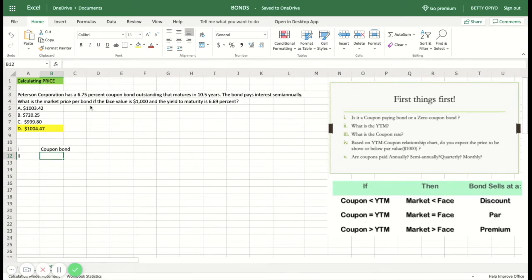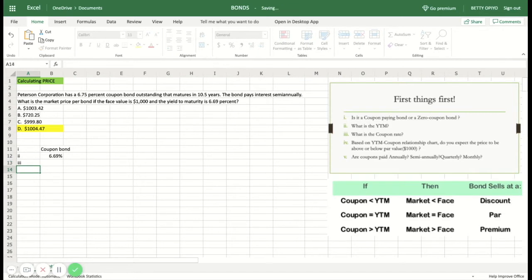But down here, it says the yield to maturity is 6.69%. So we have our YTM, which answers our second question as 6.69%. This is our YTM. To answer the third question, on our tips here, it says, what is the coupon rate?